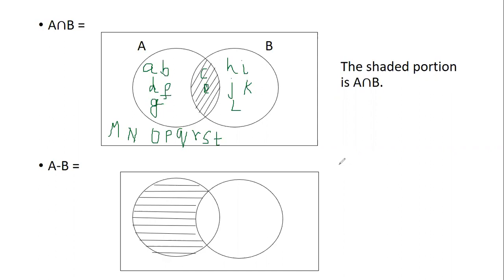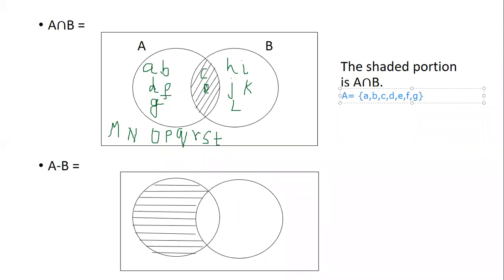Now, firstly, can you tell me what is set A? I'm just going to write whatever you say, okay? So, what is set A? A, B, C, D, E, F, G. Okay, so is this set A? Everybody agrees? Everybody agrees that it is set A?